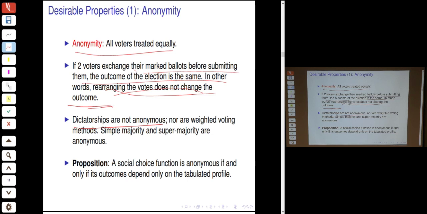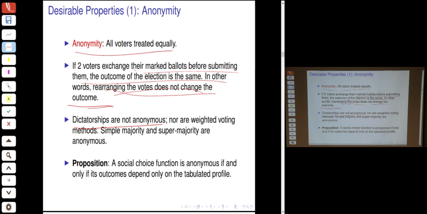So if you and I exchange our ballots, then it doesn't really matter, because the outcome of the election is not changed, because the number of votes polled by each candidate remains the same. You are counting the ballots, you are not counting who is casting the ballot.